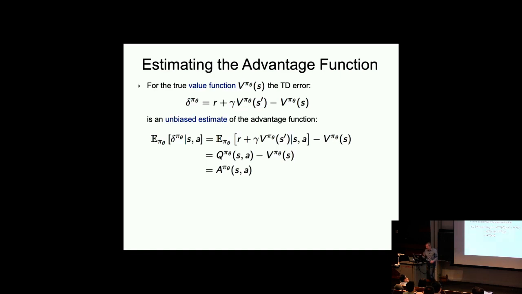Okay, so this is just a simple proof that this quantity here is a good unbiased estimate of the advantage function. If we keep sampling it, it'll be a good set of training data in expectation.